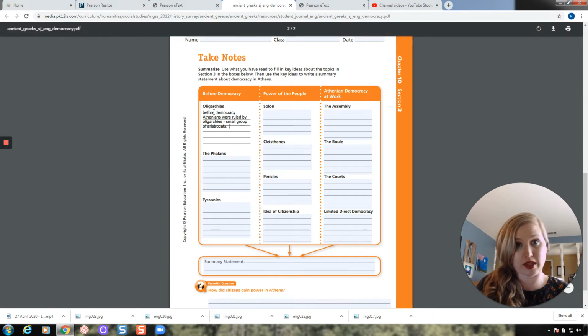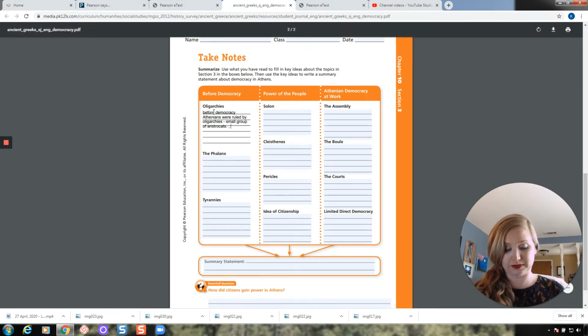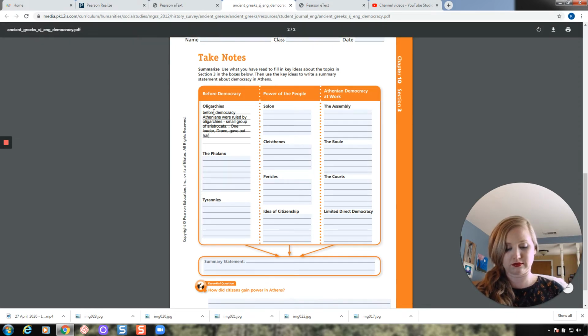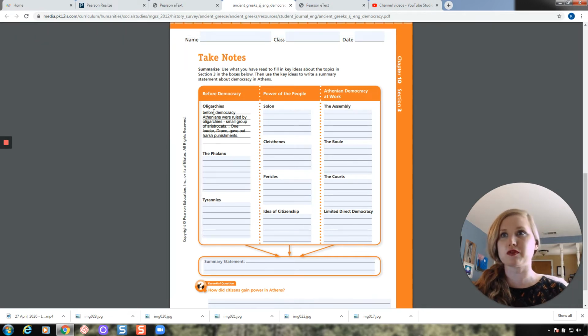One leader that we read about was Draco, and he was famous for giving out harsh punishments. So that's it. We're just jotting down a few notes from that section.